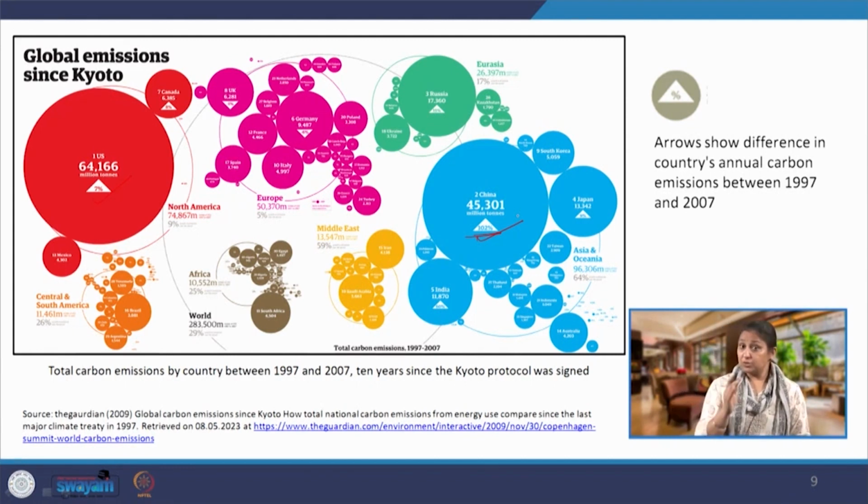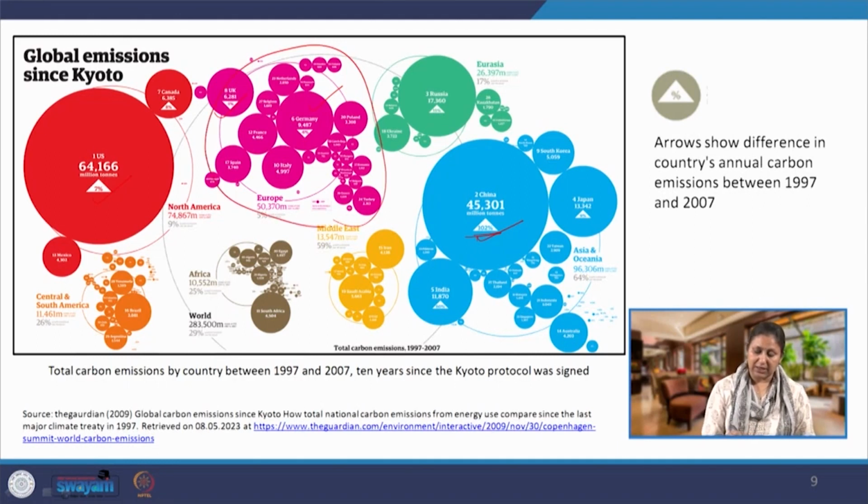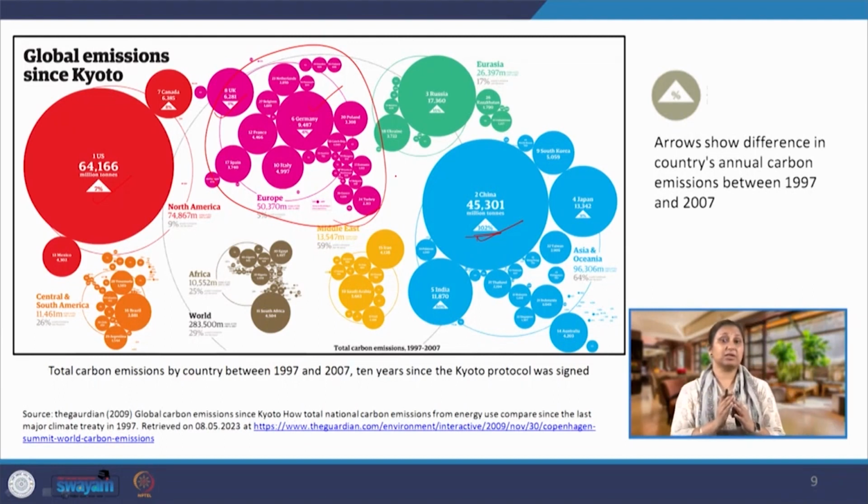So, they have literally doubled the emissions, but then we also see that there are non-binding targets for these countries. Some countries in Europe have done really well. For example, UK has reduced their emissions, Germany has reduced their emissions by 6%, which is a good number. So, we see that Europe has done significantly well as far as reducing greenhouse gas emissions and meeting their targets is concerned. They might have set bigger targets for themselves, and they might not have been able to achieve that fully, but overall they have been able to achieve some emission cuts.